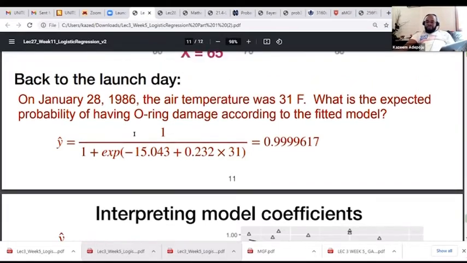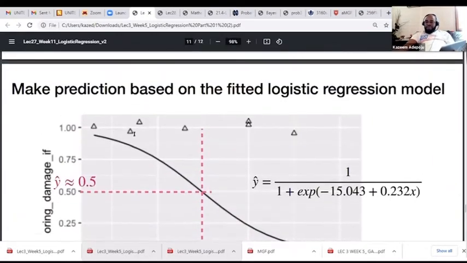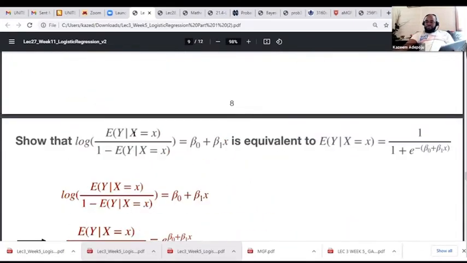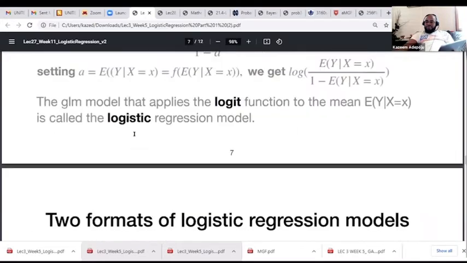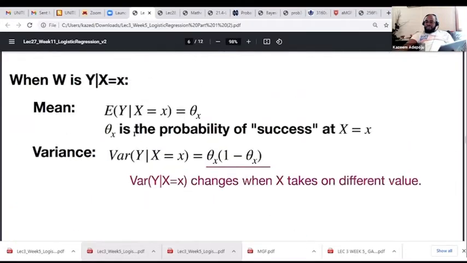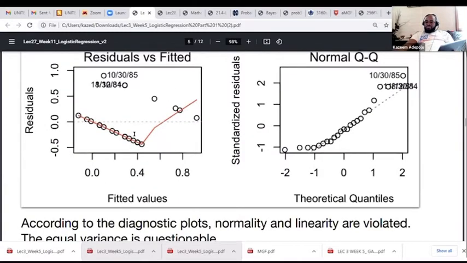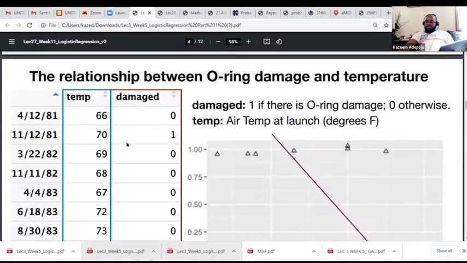And another thing I'm going to tell you is this. When the O-ring damage equals one, let's go back to our characterization. Give me 1 second. I'm going to go back to our characterization now. Damage equals one if there's damage, and zero otherwise.